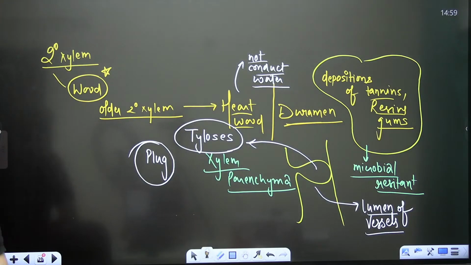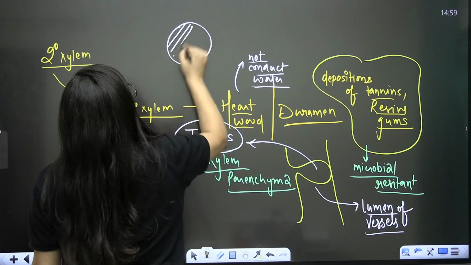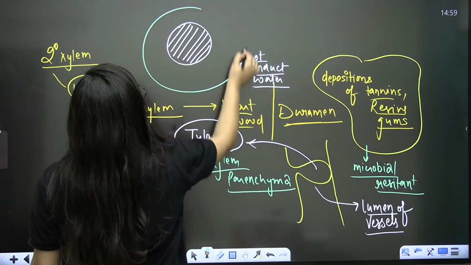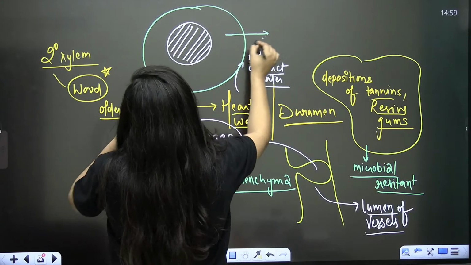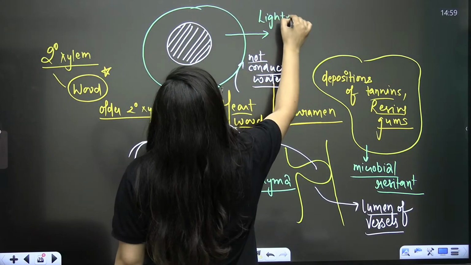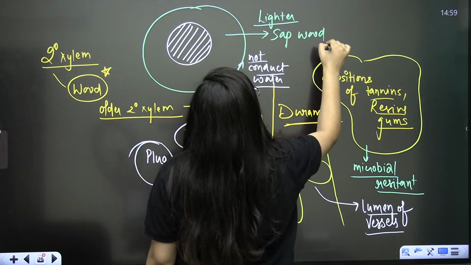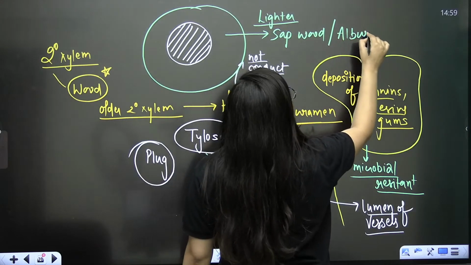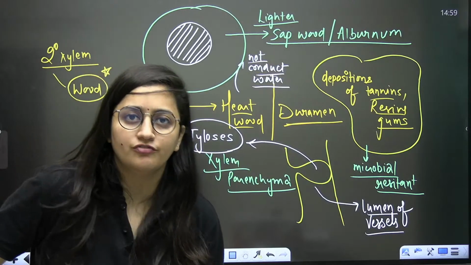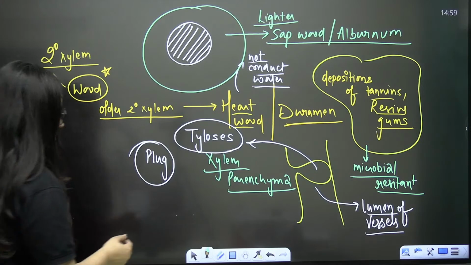Done. And in the surrounding, just suppose this is the secondary xylem. So this part is there in the center. In the periphery, what do you see? Right here you will see lighter secondary xylem. Actually, it is the sapwood. It is known as alburnum. It is actually meant for the conduction of water and minerals.